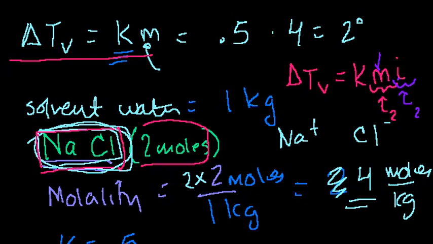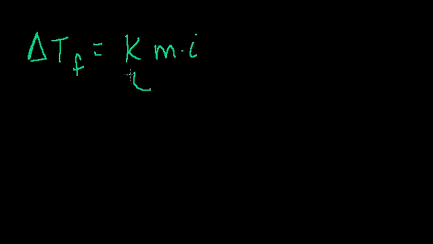Now, freezing point is the same thing. The change in freezing point is also proportional to the molality. You could say it's the molality of the original compound times the number of particles it dissociates into. Although this K is going to be different for freezing than it is for boiling. And of course, this K changes at different pressures and for different solvents.